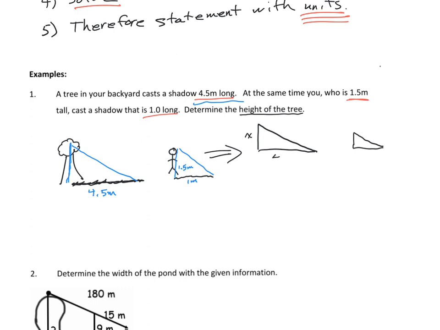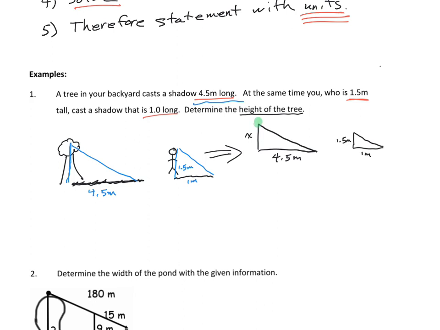We have 4.5 here, and we have 1.5 for the height of the person. And it's meters, right? Meters. And 1 meter here.